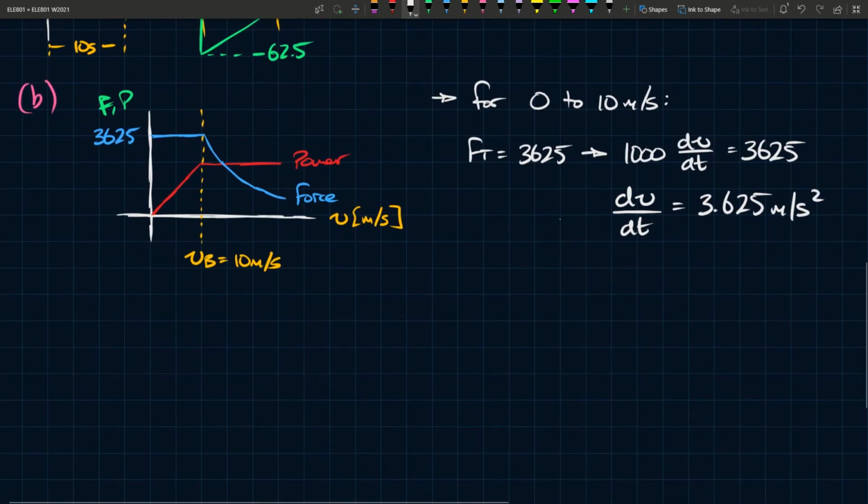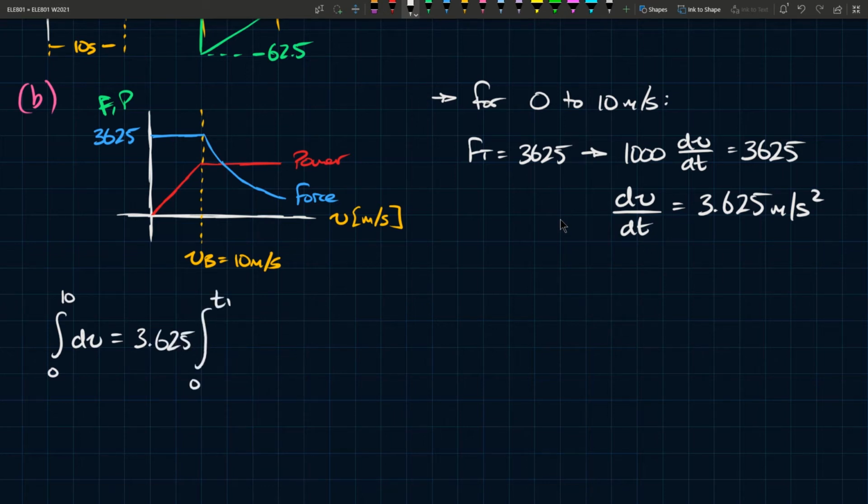So if we bring it over here for a second, we solve an integral, and we can integrate both sides, and you get the integral from v equals 0 to v equals 10 of dv equals 3.625 times the integral from 0 to t1, we'll call it. And t1 is the time that it takes to get to 10 meters per second. If you solve this integral, you'll find that t1 equals 2.76 seconds.